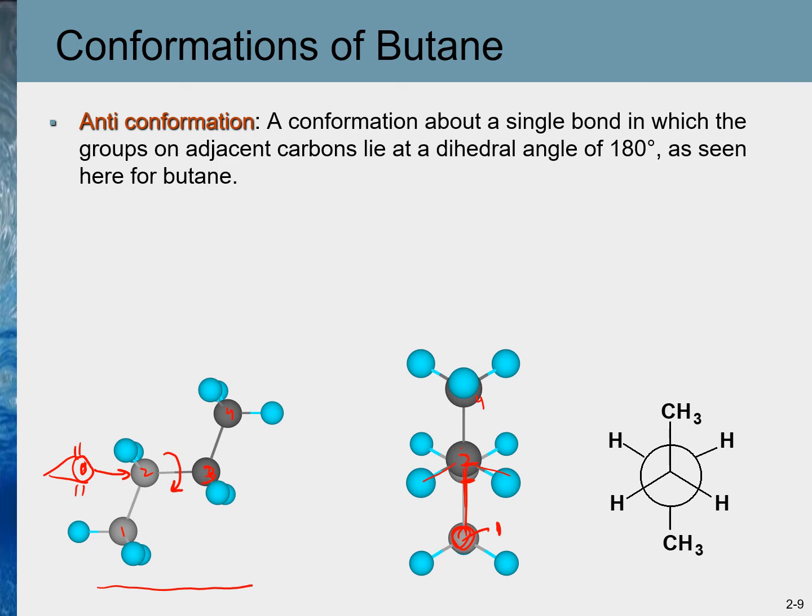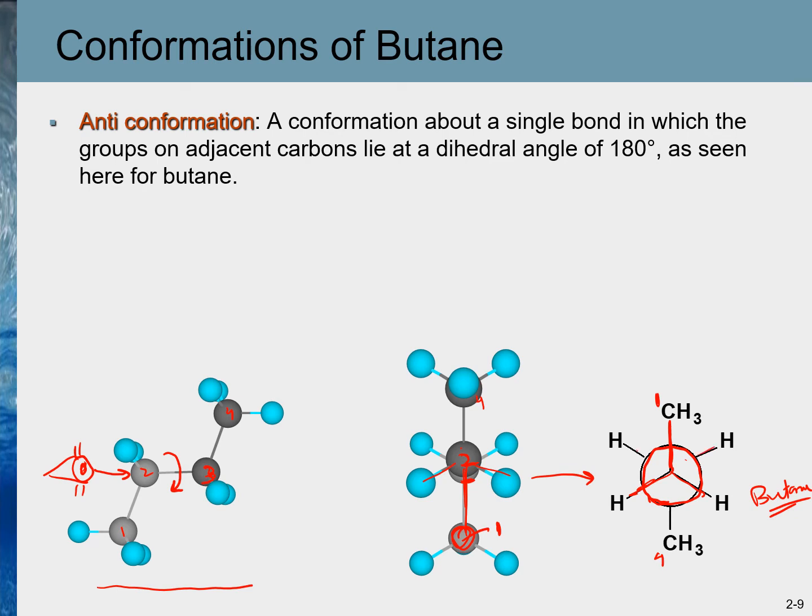The Newman projection of this arrangement is shown here. So this is the Newman projection of butane. Again, this is carbon number 1 and carbon number 2 is the sphere shown here. So carbon 1 is connected to carbon 2 and then two hydrogens. Carbon 3 is right behind the sphere and this carbon 4 is connected to carbon 3 and those two hydrogens.